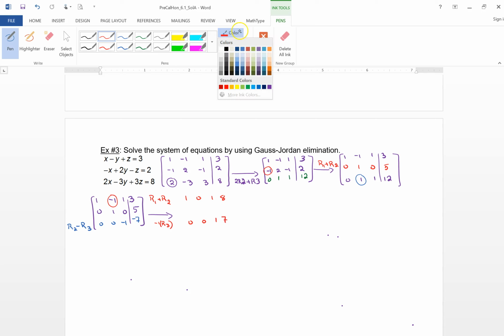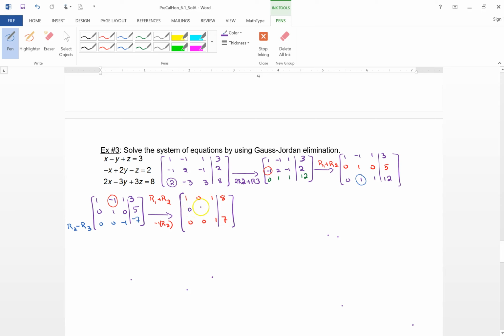Okay, so let's see what else we have left. 0, 1, 0, 5. Here, negative 1 times R3, just to get rid of the negative. I just have that 1 left.